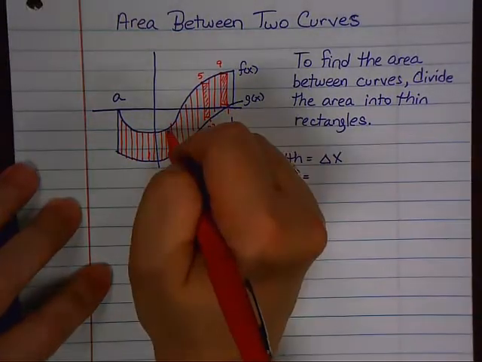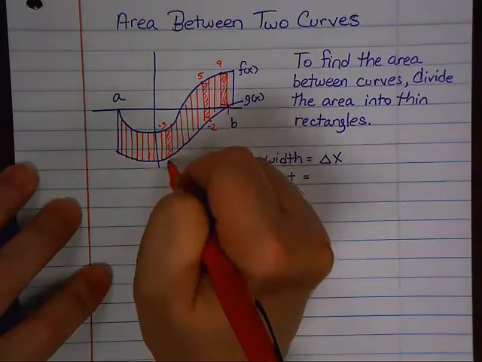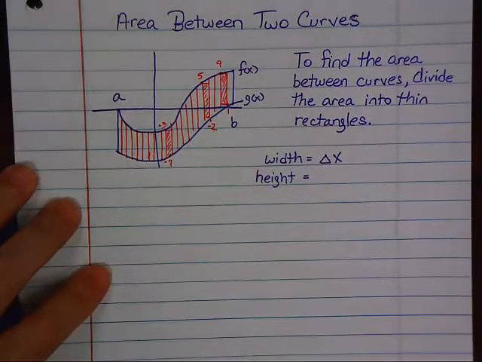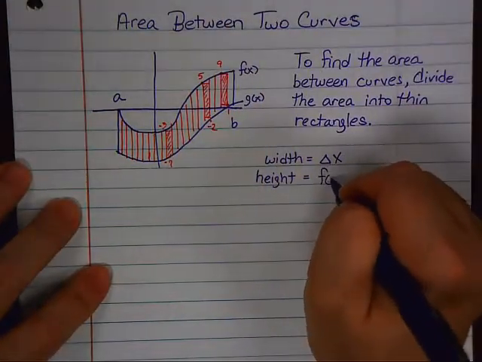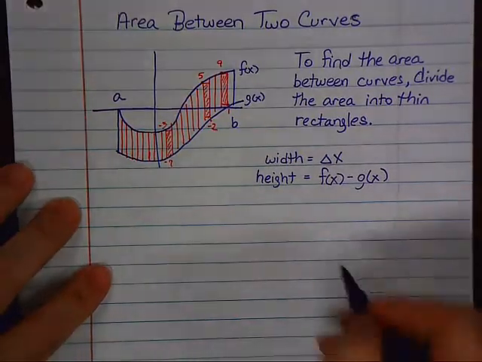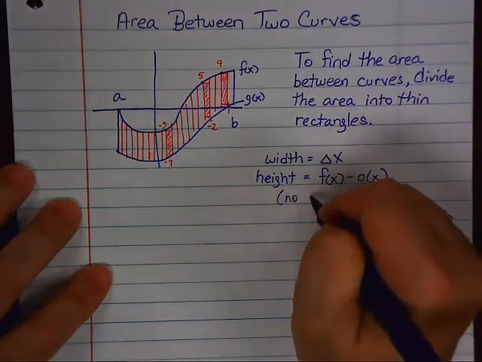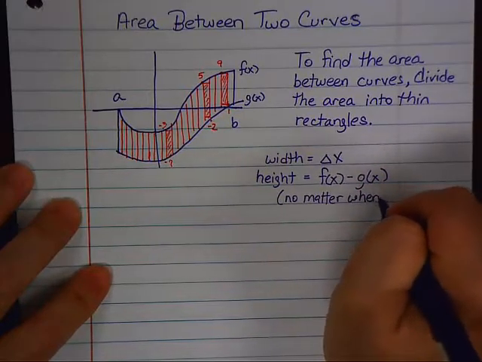What about if it's all down here and it's all negative? What if this is, say, negative 3 and that one's negative 7? Does subtracting still give you the length of that? Yes, it does. Negative 3 minus negative 7 is 4. So we can say that the height is going to be f of x minus g of x no matter where the curve lies.